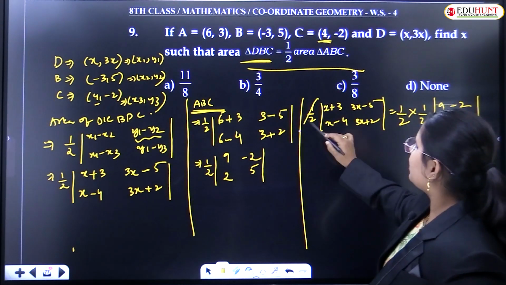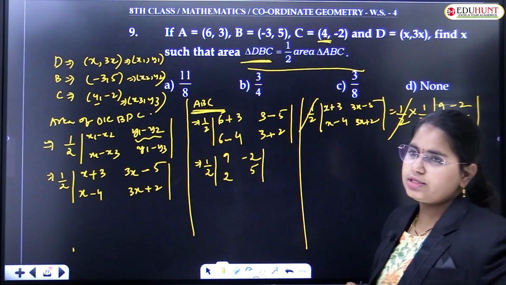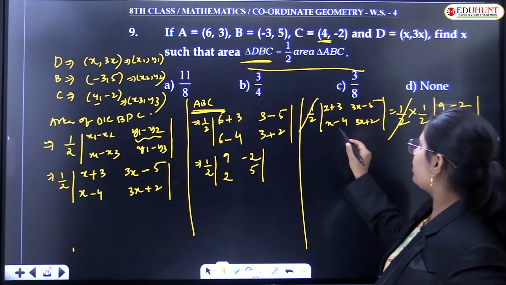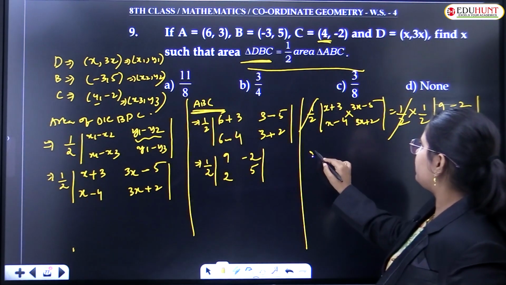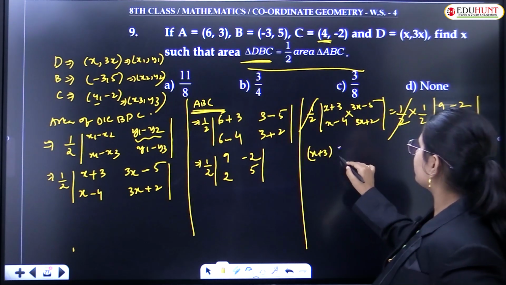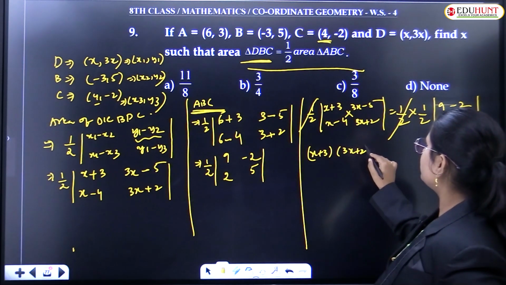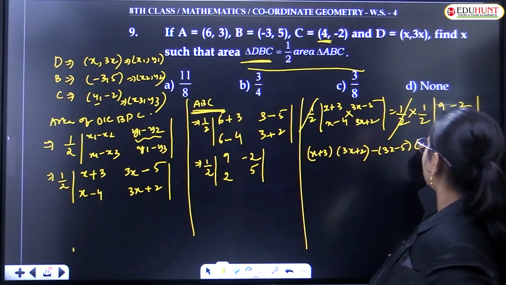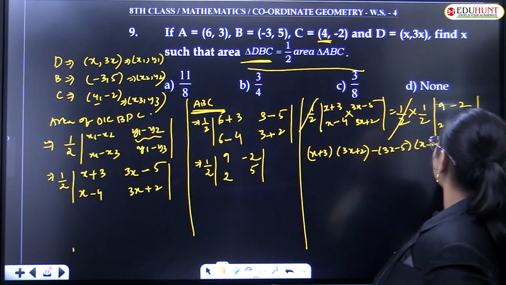Correct? Cancel halves on both sides. Just cross multiply it. So what you are going to get: x plus 3 into 3x plus 2, similarly, minus 3x minus 5 into x minus 4, which is half.